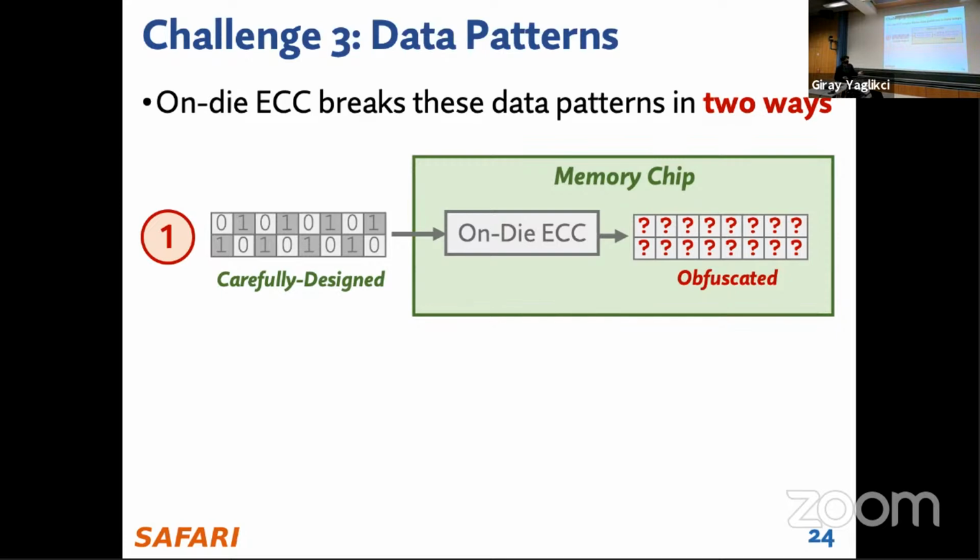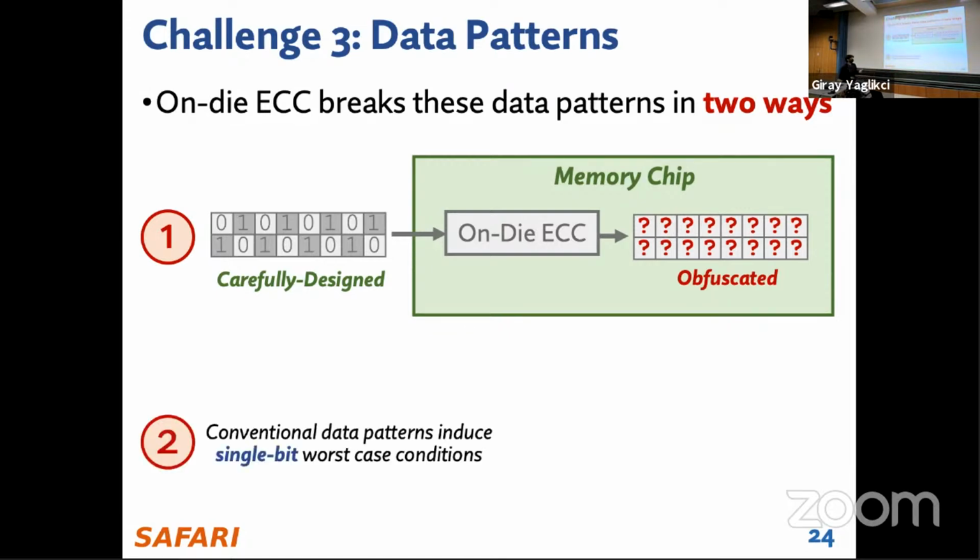And if we don't have a systematic encoding, then all bets are off and the whole thing could be obfuscated. So even though the tester wants to exercise some particular failure mode that this pattern exacerbates, what's going to happen in the memory device is not that. The testing is confounded.